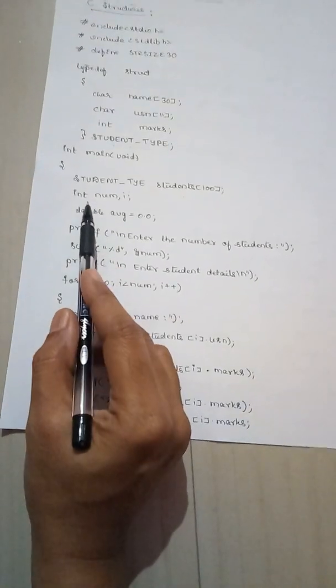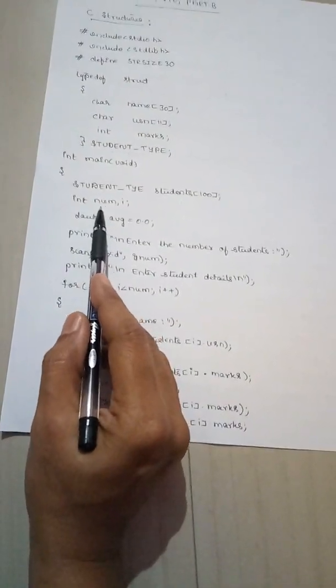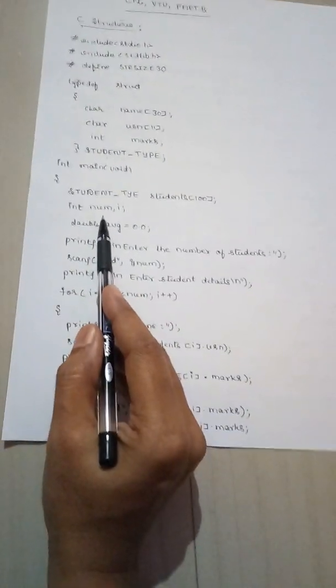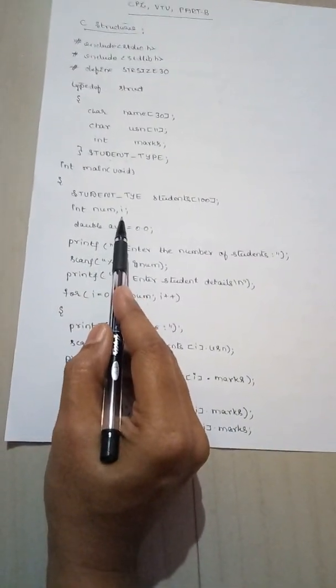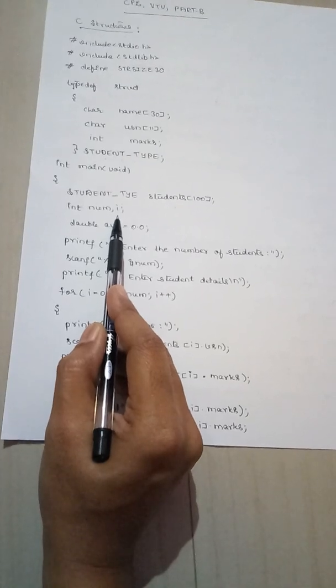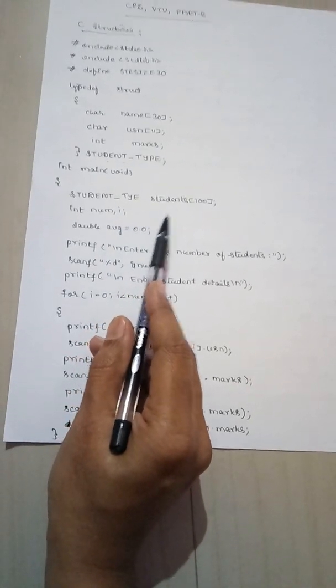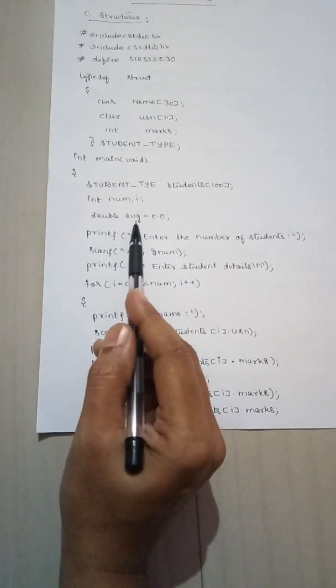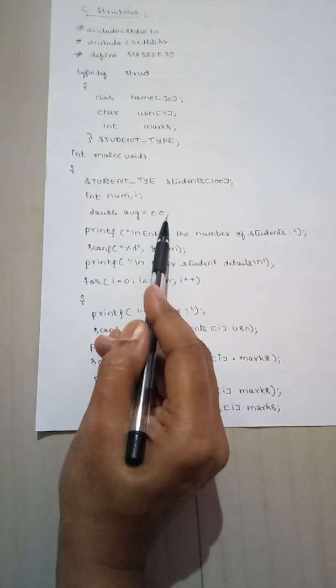Now int number of the students, how many out of 100 we are using. Then i denotes 0, 1, 2, 3, 4, 5 like that. Then double average is equal to 0.0.